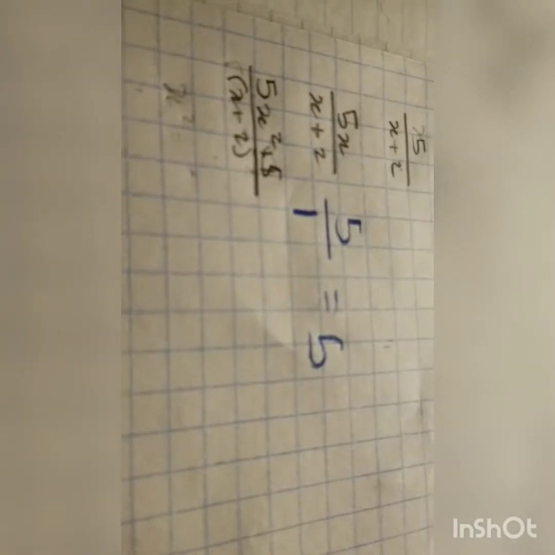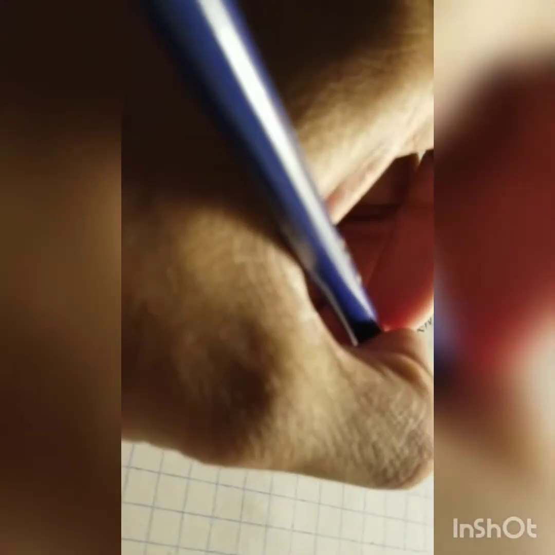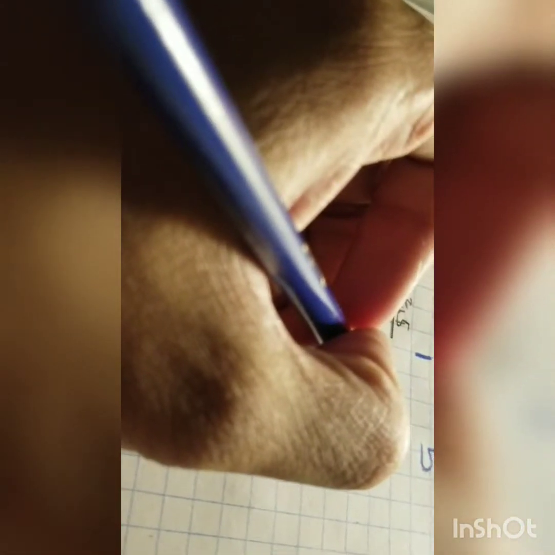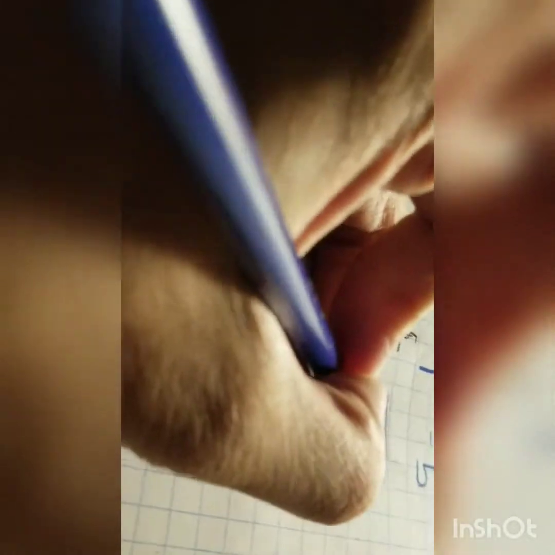So to find the oblique asymptote, we're going to divide 5x squared plus 5 by x plus 2.